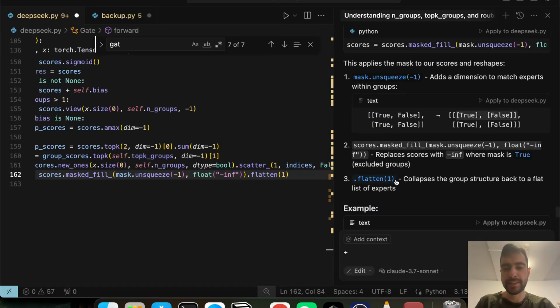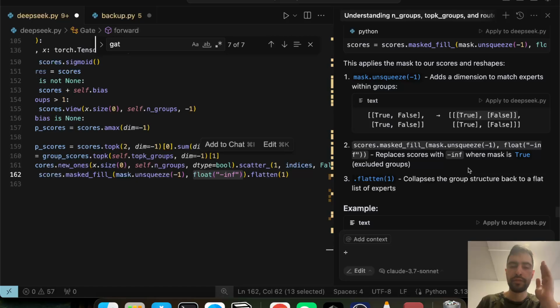And then flatten one. So this float minus infinity will replace the probability of this expert getting selected with minus infinity. And then we want to flatten them back to collapse group back into the flat list of experts.